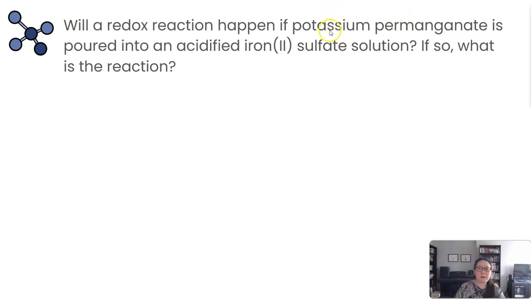If we are looking at what we have in here, we know that this is an aqueous system, and so we have water that we have to deal with. We have potassium permanganate, which means we have our potassium ions, and we also have our permanganate ions. It's also acidified, so we need to take a look at what the hydrogen ions might be able to do.